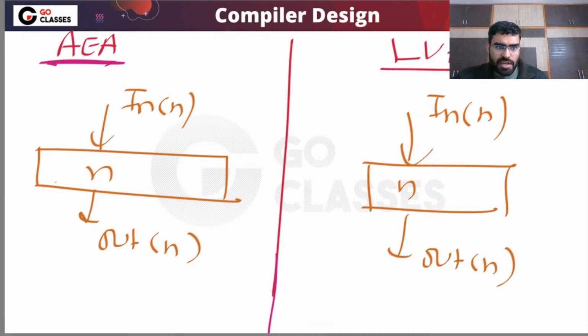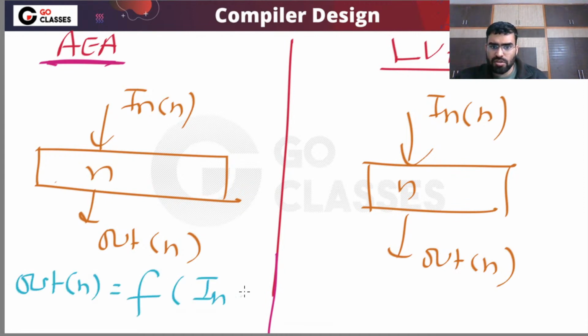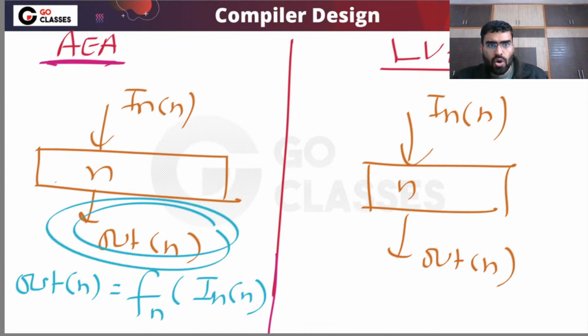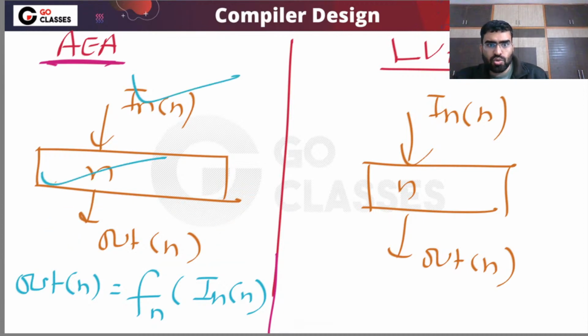Here you can notice that this out is written in terms of in. This out is a function of in, correct or not? Yes or no? This out will depend on these two things, correct?